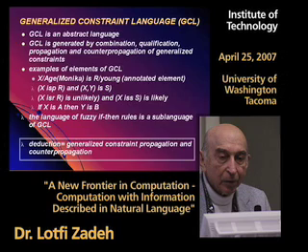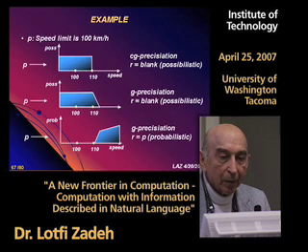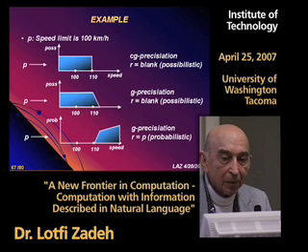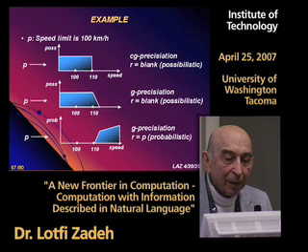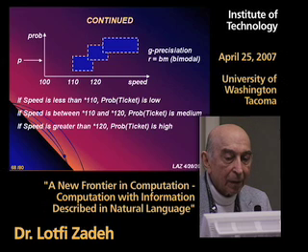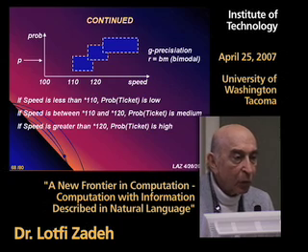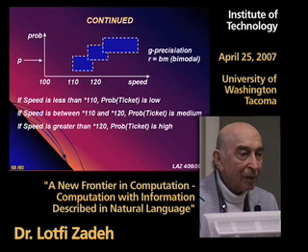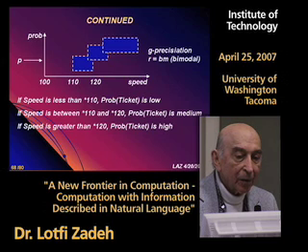For example, if you want to make precise what you mean by "speed limit is 100 kilometers per hour," you use that language to describe it. The language of fuzzy if-then rules is a subset of the generalized constraint language. So you may have something like what you see here.